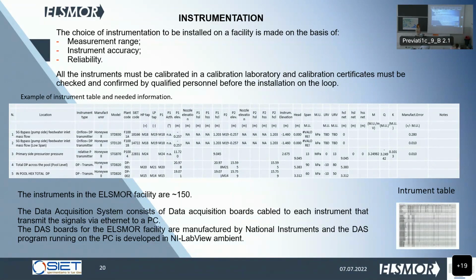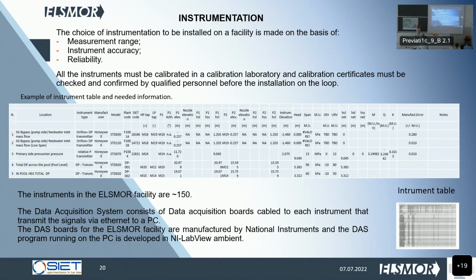So when we record data by the data acquisition system, we have a file, a list of variables that represent all the instruments. Then we have the identification of the pressure taps, because the instruments are connected to the process by means of pressure lines, in the case of pressure instruments. And so each pressure tap is identified.